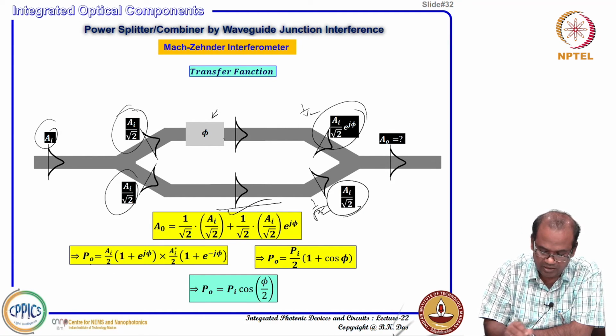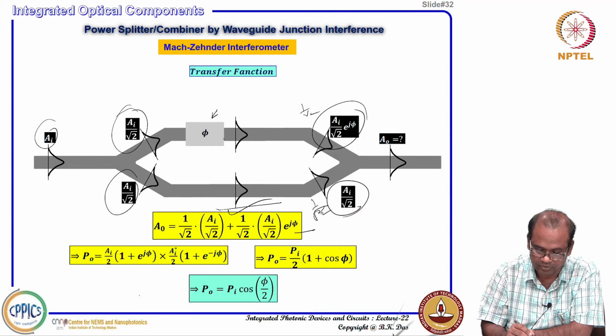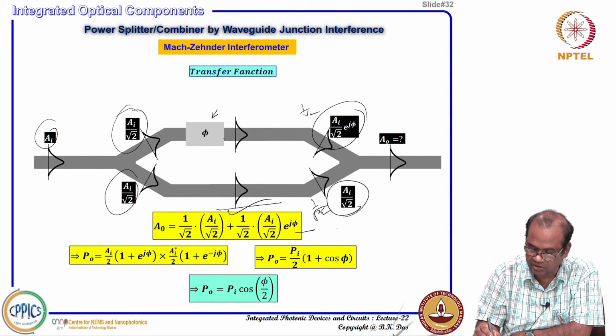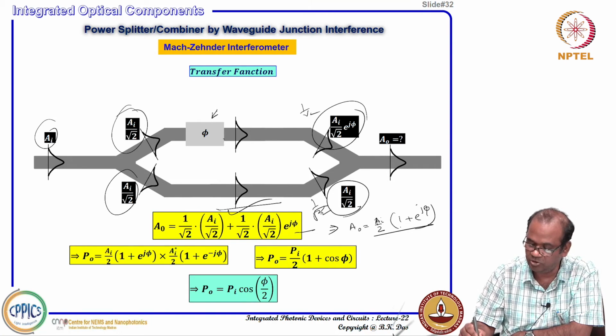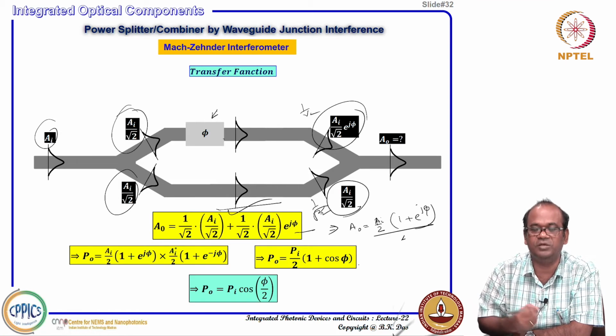If you add them together, then what do you get? This one. Now, this is nothing but A naught equal to A_i by 2 times (1 plus e to the power j phi). Here the amplitude will be phi dependent.